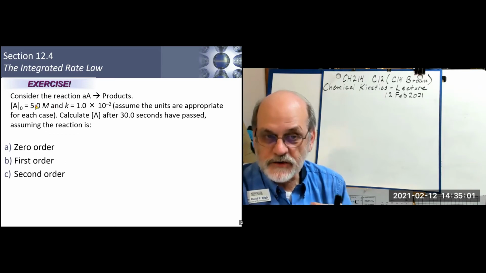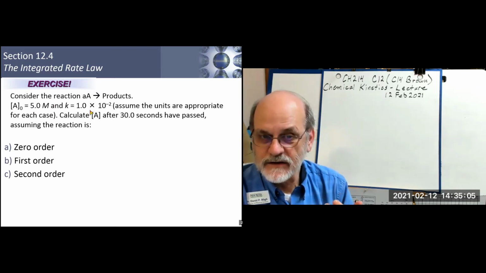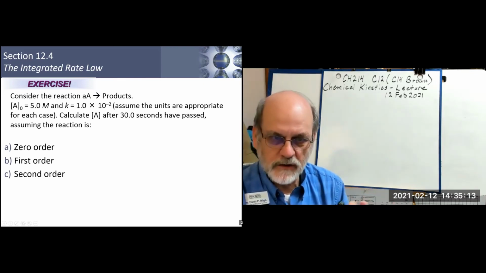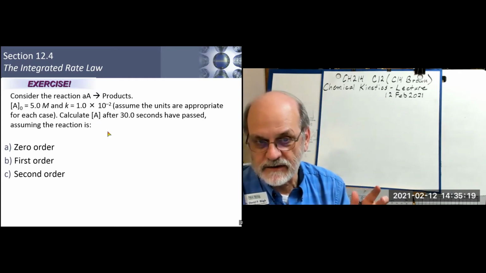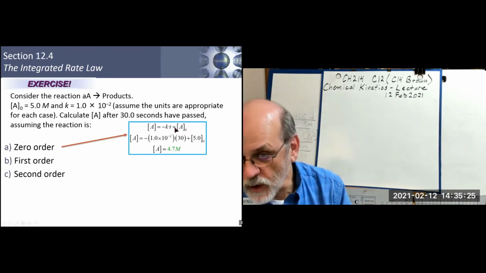Okay, so if the starting concentration is 5 and the K is 1 times 10 to the minus 2, and the units can change, right, depending on whether it's zero, first, or second order, then calculate A after 30 seconds have passed. Okay, so if it's first order, right, here's our first order equation.